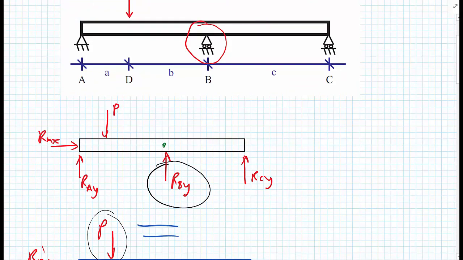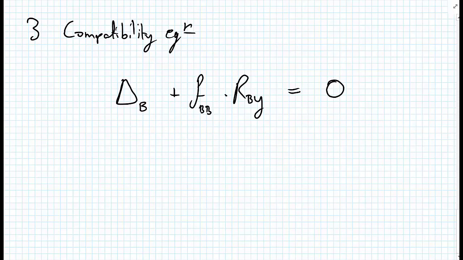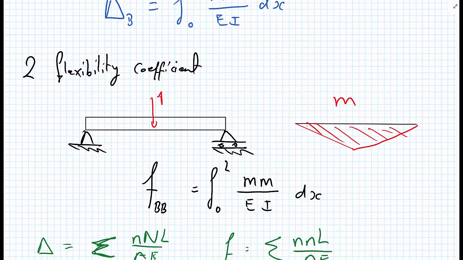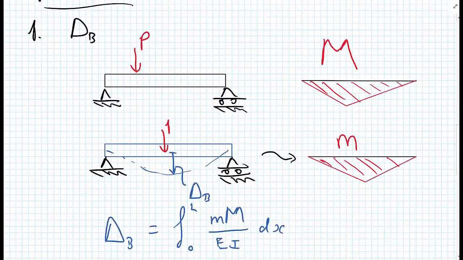Okay, so at this point, using our compatibility equation, we can now finally know our reaction RBY. In the meantime, we've had reaction forces for the redundant system, and we've had reaction forces for the primary system.